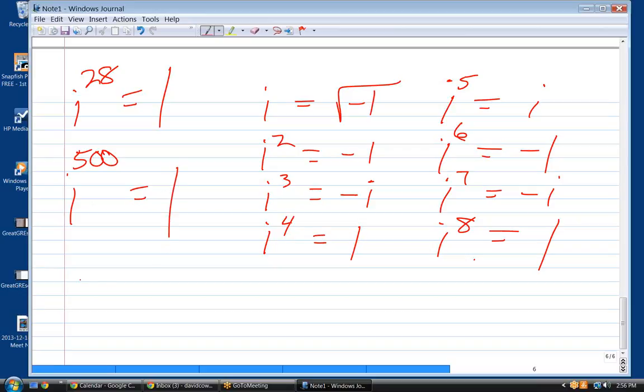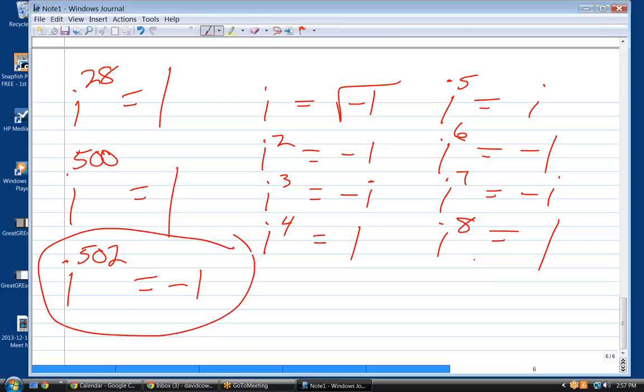Therefore, it's also equal to 1. What is i to the 502nd power equal to? Negative 1? No, negative i. No, you got it right.